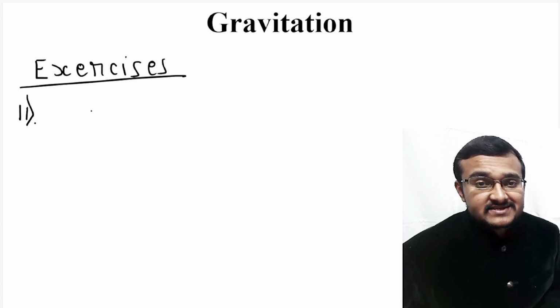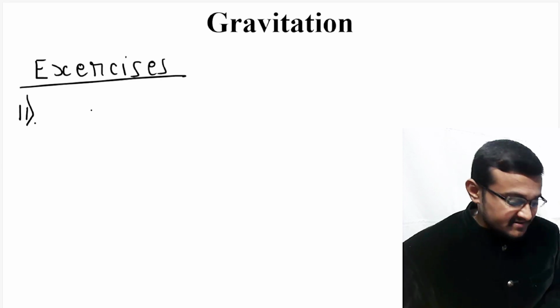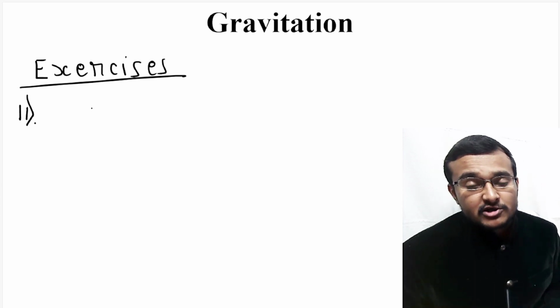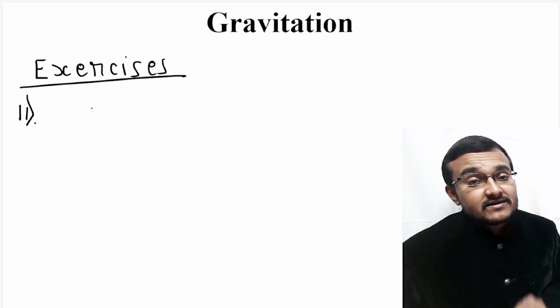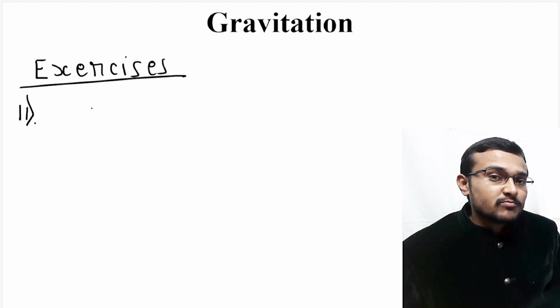Coming to the 11th question in this particular exercise, here they have asked why will a sheet of paper fall slower than that is crumpled into a ball.